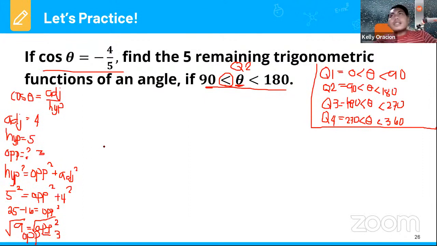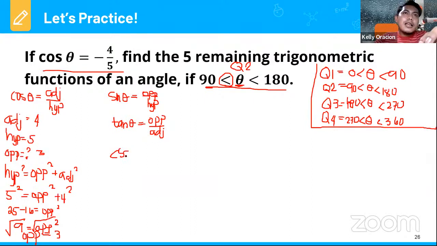Now, the cos is already given. So the 5 remaining trigonometric functions are the following. Sine theta is opposite over hypotenuse. Then tan theta is opposite over adjacent. And next, cosecant theta is hypotenuse over opposite.